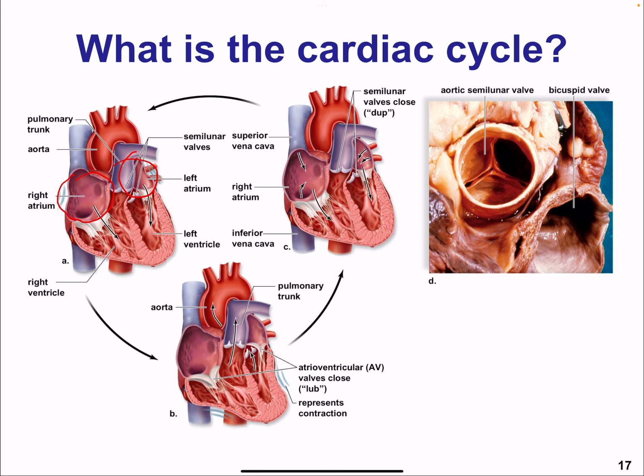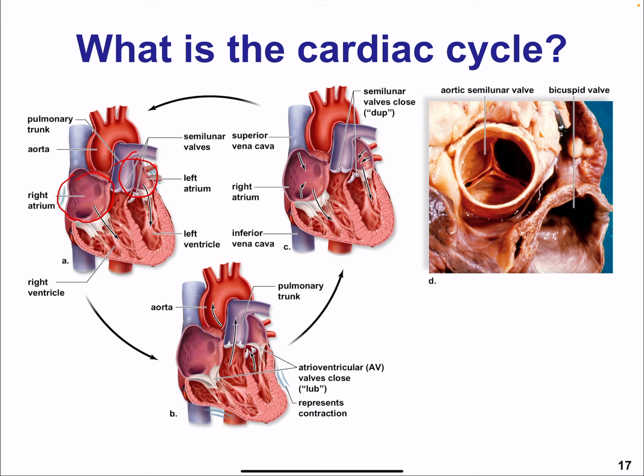So this is where the blood is. And the blood that is in the right atrium comes from the vena cava, the right and left, the superior and inferior vena cava, while the blood that is in the left atrium comes from the lungs, right?